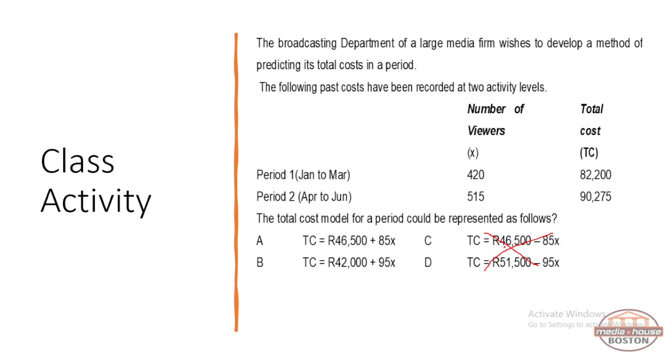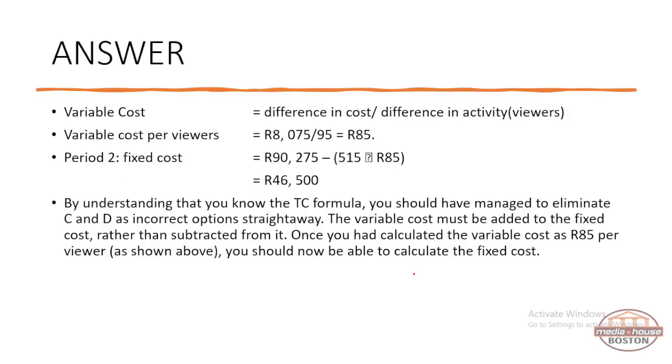So it's totally out. What is left for you is to actually calculate the variable cost. Once you calculate the variable cost and find it to be 85, this leaves you with the right answer. The only thing you have to confirm is to calculate the fixed cost since you are choosing multiple choice. But here we have a solution that will help you to do that.